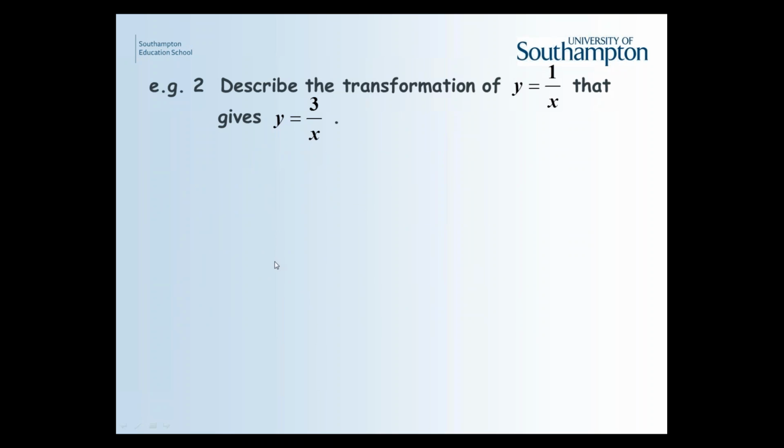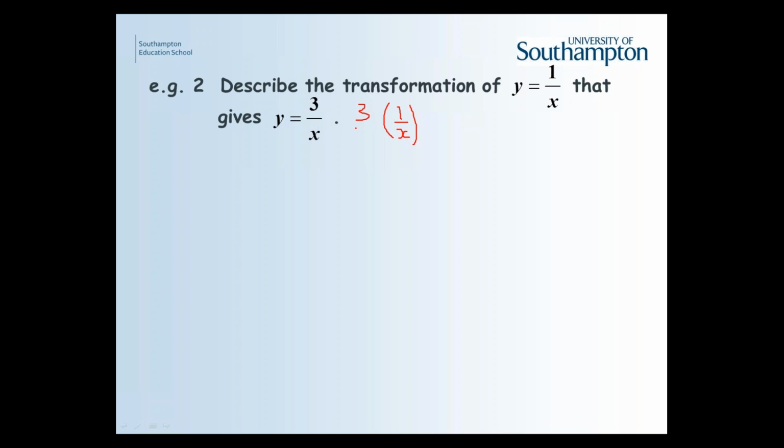For example, here we have them asking you to describe the transformation from y equals 1 over x to 3 over x. So 3 over x is the same as 3 times 1 over x.